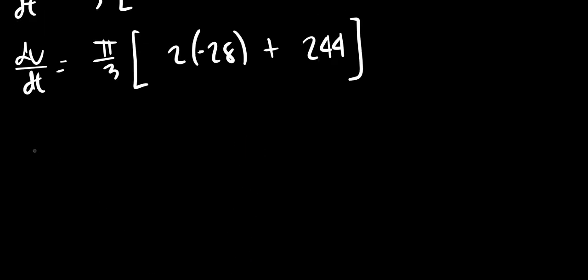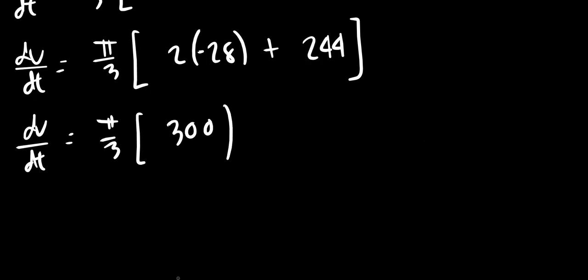After this one, we have dv over dt is equals to pi over 3. So what is 2 times 28? So 56. So 56 plus 244, it is 300. So we have 300 pi over 3.